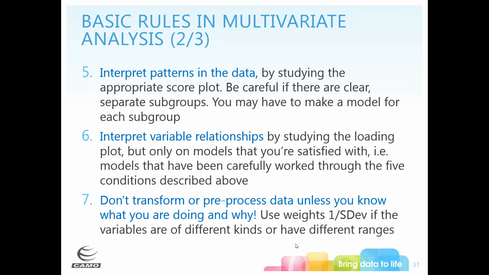You have to make sure that your models have been carefully worked through the 5 conditions above before you start interpreting these relationships. Don't transform or pre-process your data unless you know what you are doing and why. Make sure to use weights, 1 over standard deviation, if the variables are of different kinds of data or have different ranges, like we saw in the McDonald's example.